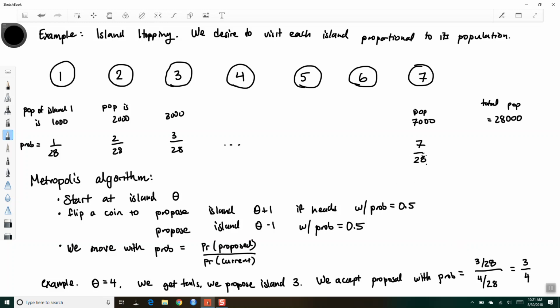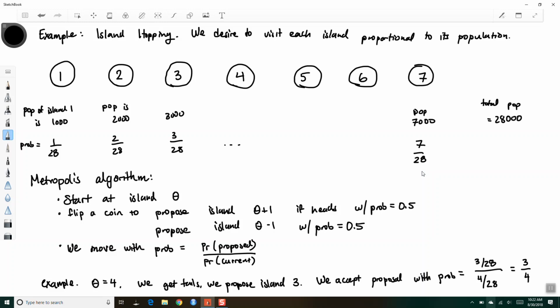The purpose of this 1 over 28 is so that when we add up all the probabilities, they add up to 1, right? So it acts as a normalizing constant. And because the probability proposed and probability current will have the same normalizing constant, an advantage of the Metropolis algorithm is that you don't have to worry about calculating the normalizing constant.